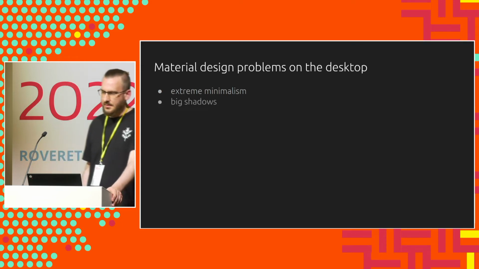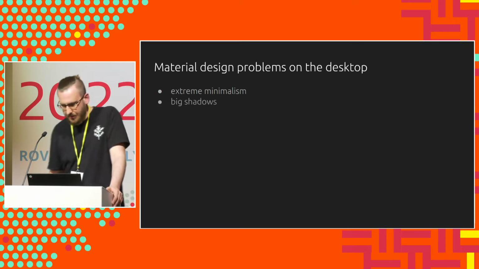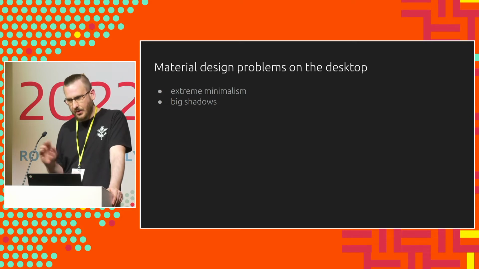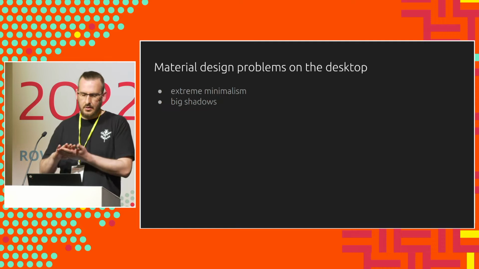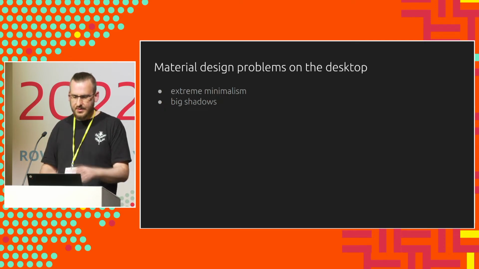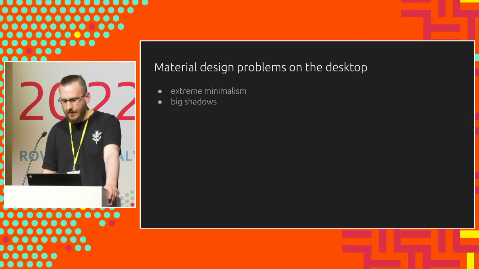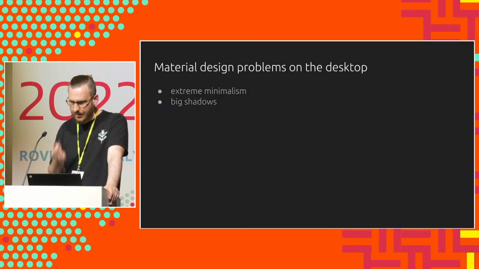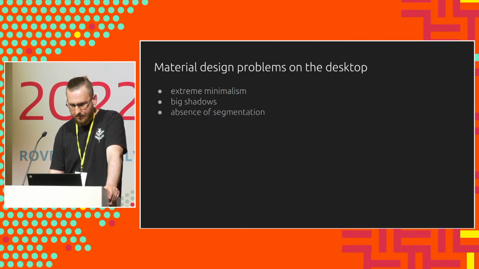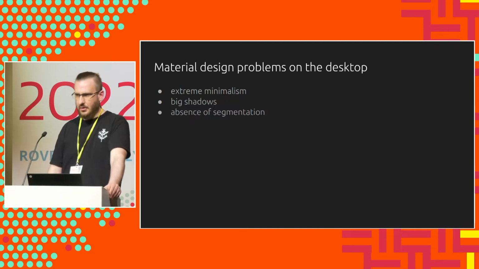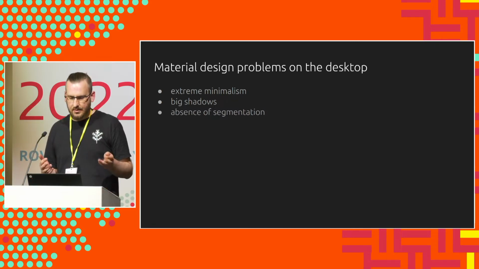Also, in Material 3 design, I think they're working on it, but currently most applications make use of shadows to elevate elements from the background, so you can at least see that there's a differentiation between the background and the element. On the smartphone, you also don't need to segment so much.